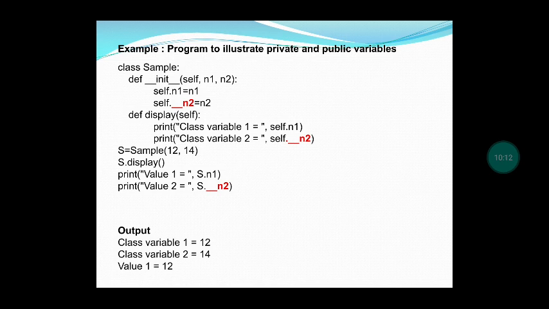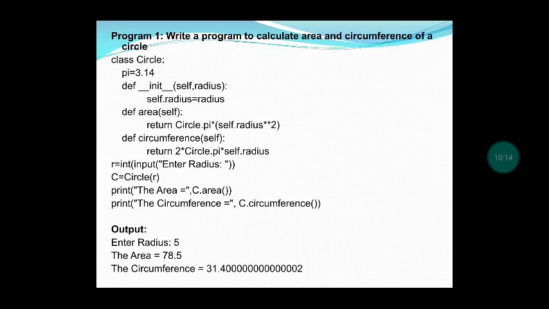Next, we will see another example to calculate the area and circumference of a circle. Here we have used three functions and the class name is circle. Pi value, as we already know, is 3.14. Here init is a constructor. Here radius alone we have given.